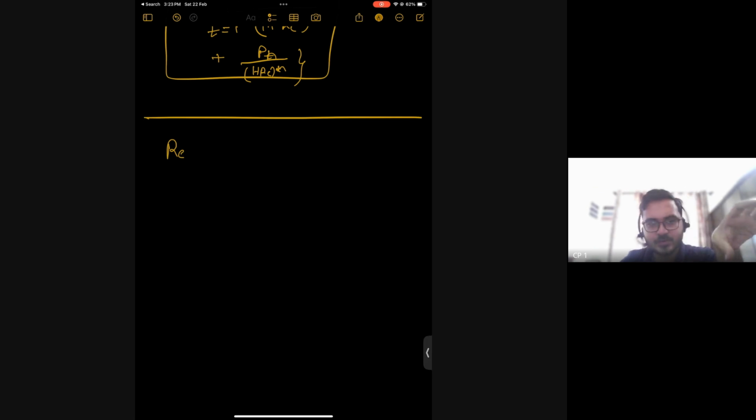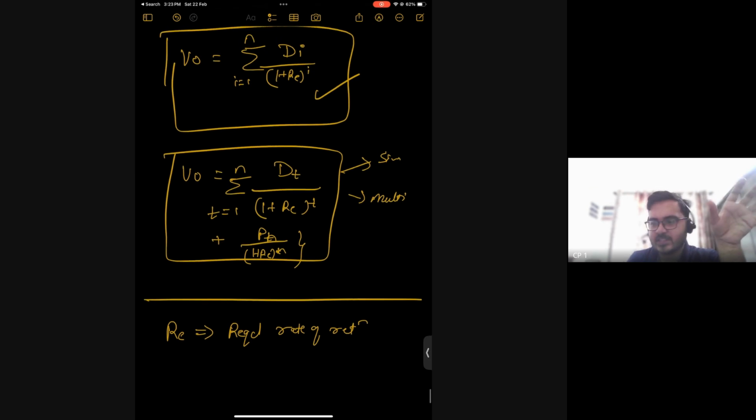One more thing we have to be careful about is the RE that we are using over here. RE, if you see, we have been using a very generic one, which is the required rate of return. In the questions that we just did, the dividend was provided, which is something that you can estimate. The prices were also provided, which is something you can estimate. The problem is the rate of return has been provided to us so far.